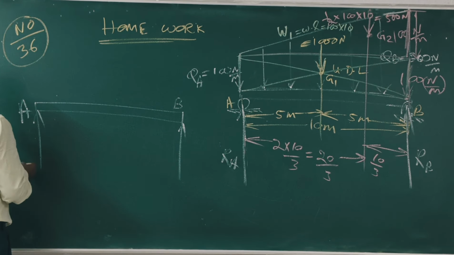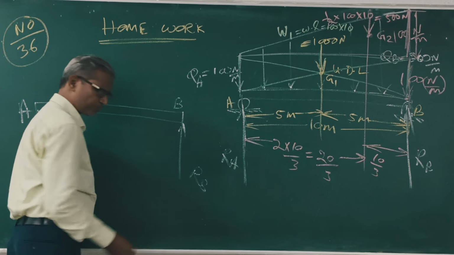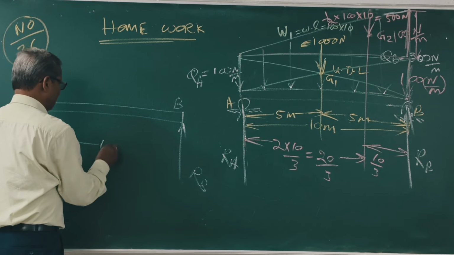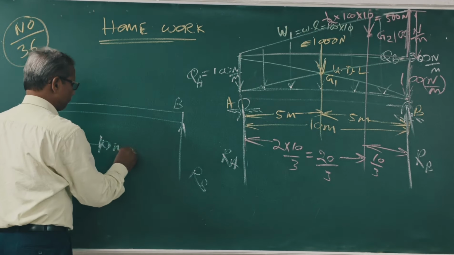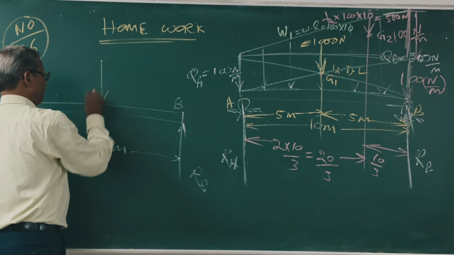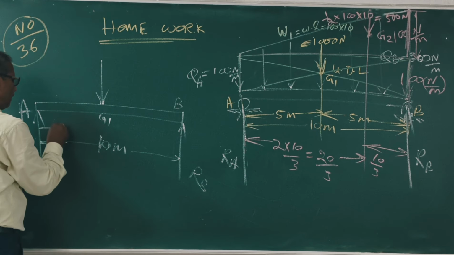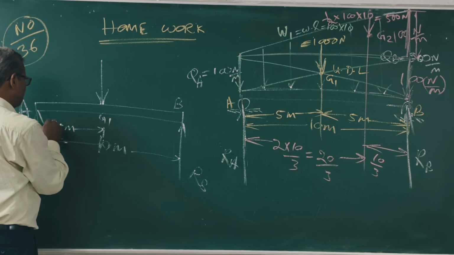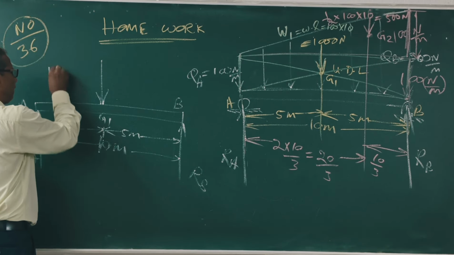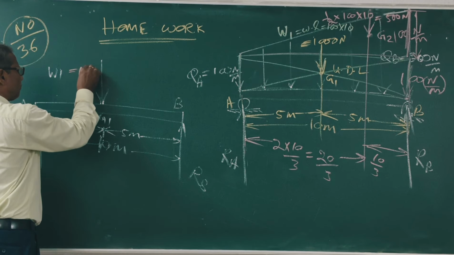This length is 10 meter. Suppose this is G1. This is 5 meter, this is 5 meter. Clear? What is W1? W1 is equal to 1000 Newton.